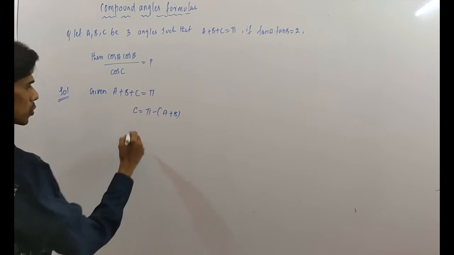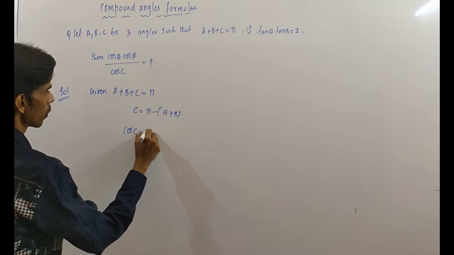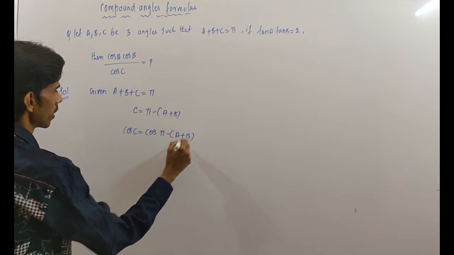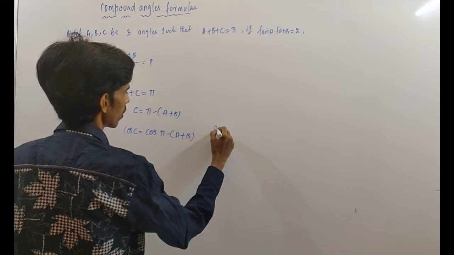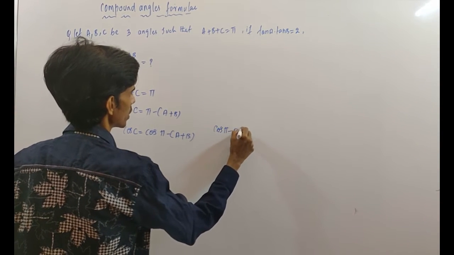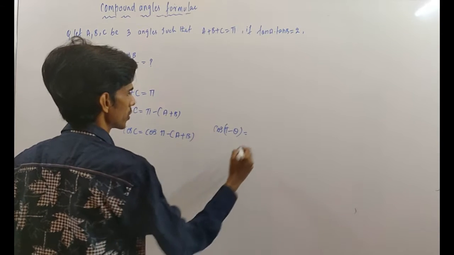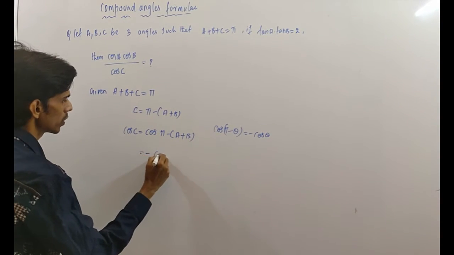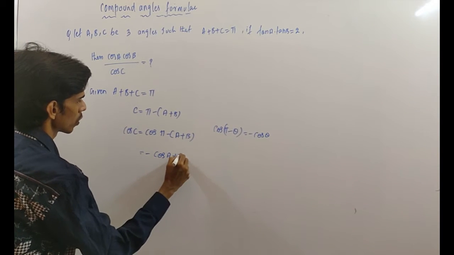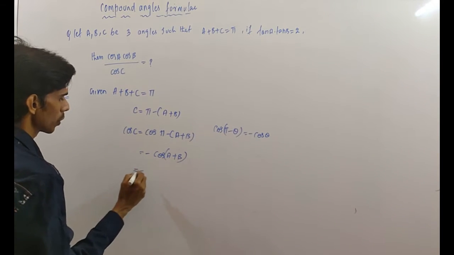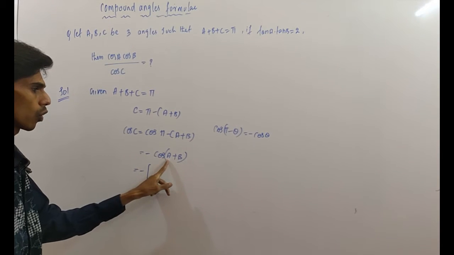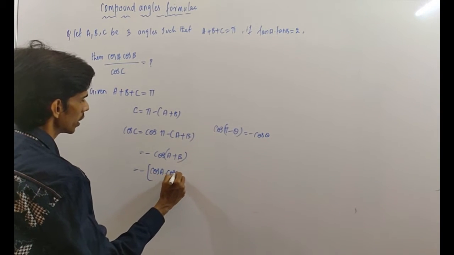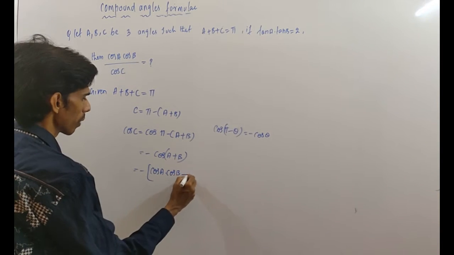Now apply cos on both sides, it will become cos C equals cos of pi minus (A plus B). We know that cos of pi minus theta is minus cos theta. So this will become minus cos (A plus B), which equals the formula for cos A plus B. Here cos is there, so write down cos A cos B, plus sign is there, so put minus.